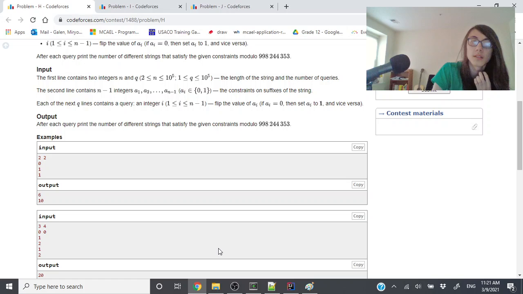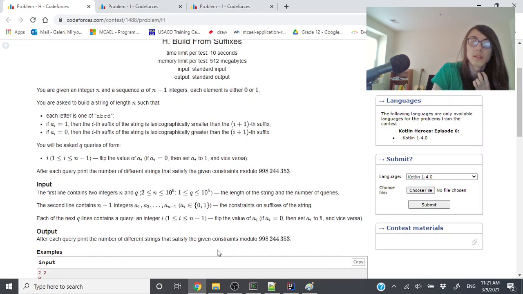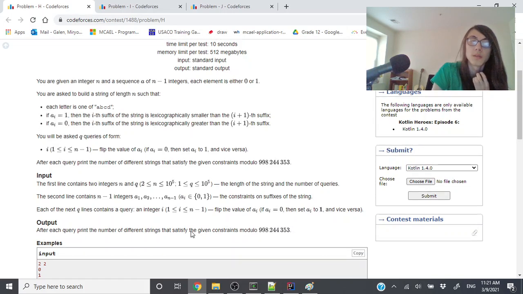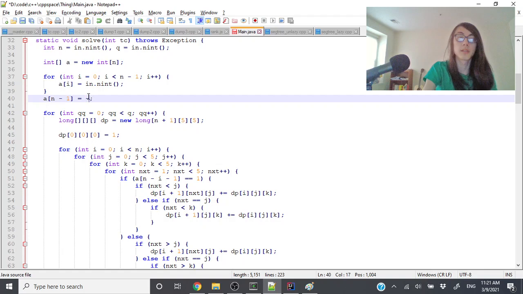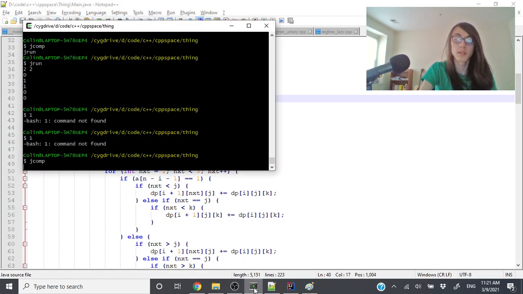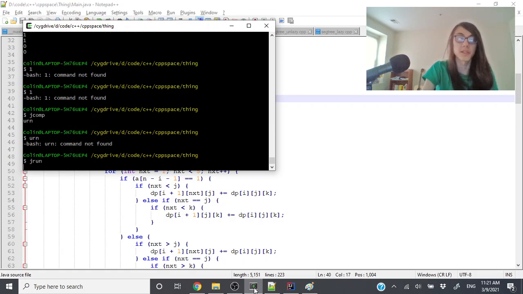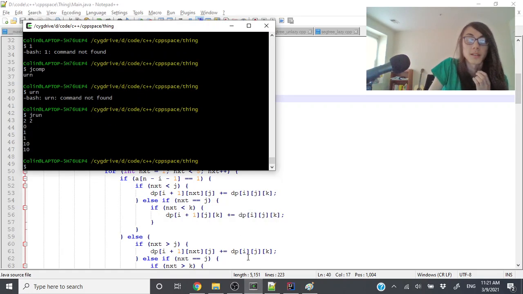Why'd it be 10? Start off with a blank character. Now this must be greater than that. Oh, that'll be why. Run. Okay, there we go.